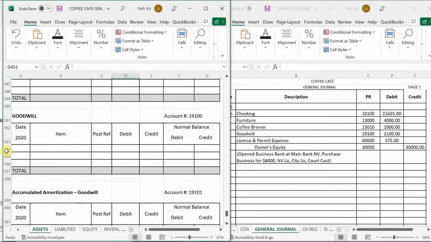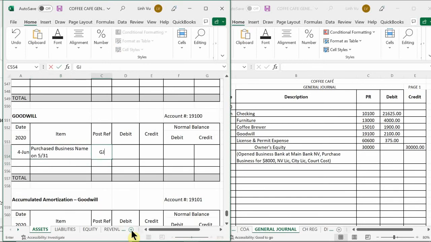Here it is, goodwill. Where did this goodwill come from? You could go ahead and say purchased business name, on May 31st.